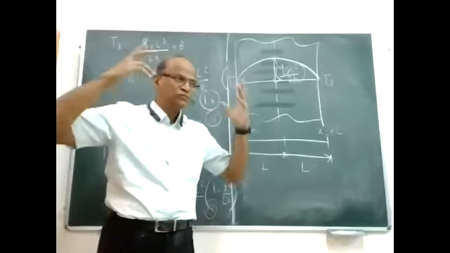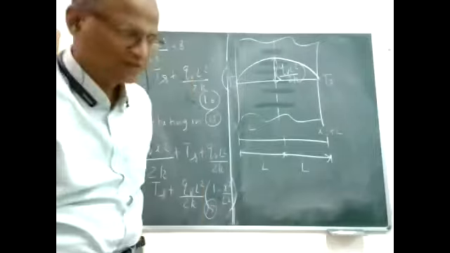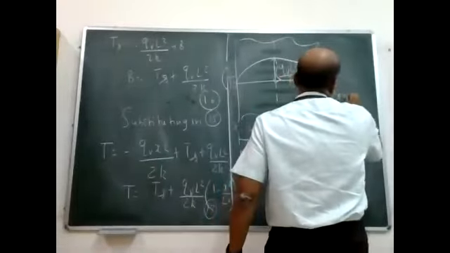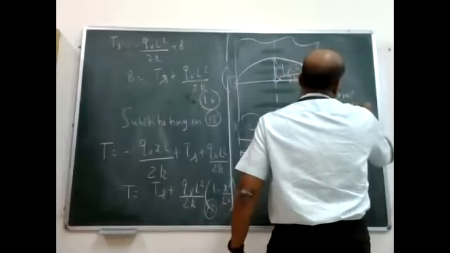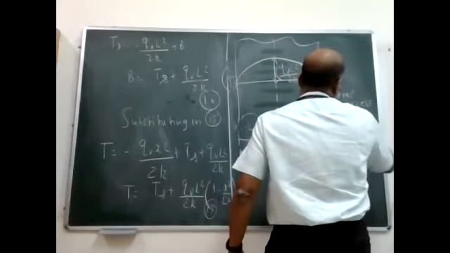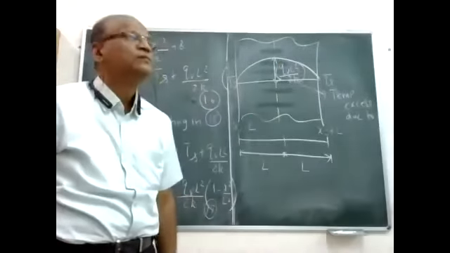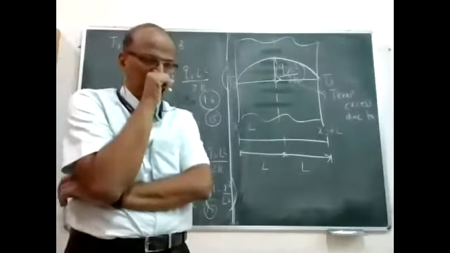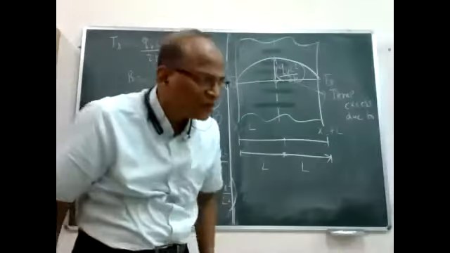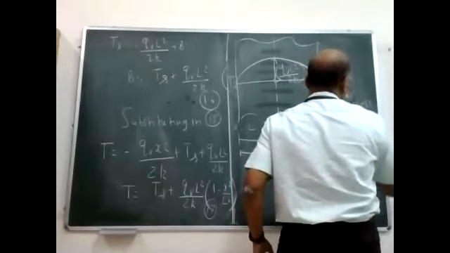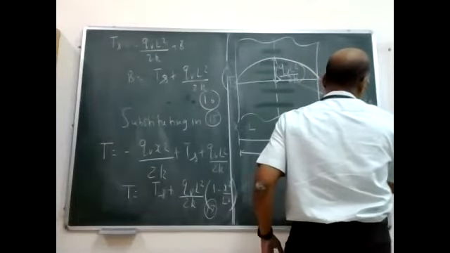Sir, excess temperature. Exactly. So I will call it temperature excess. Can you qualify it further? Due to? Heat generation. Exactly. There you are. So all of you know heat transfer very well. So temperature excess due to heat generation. Very good.